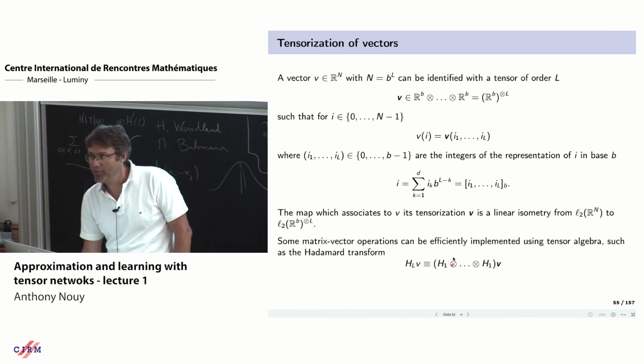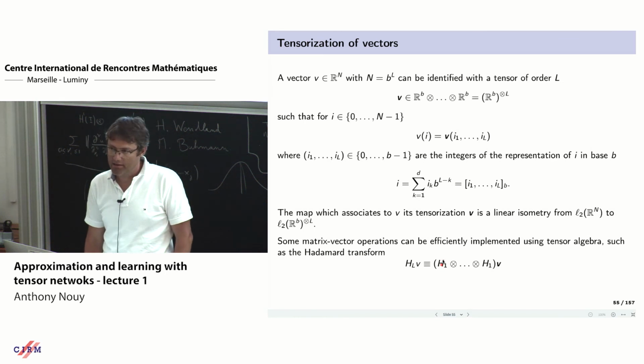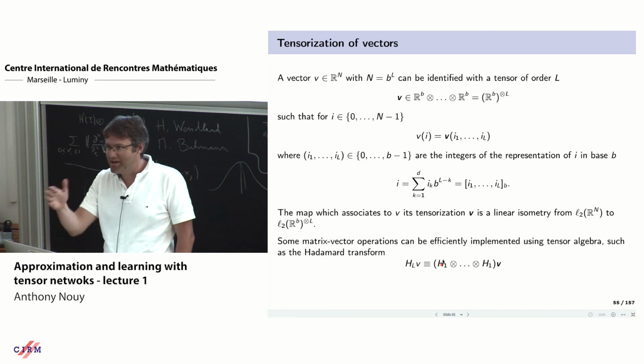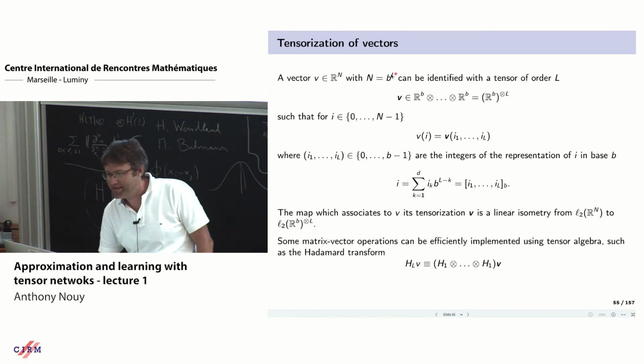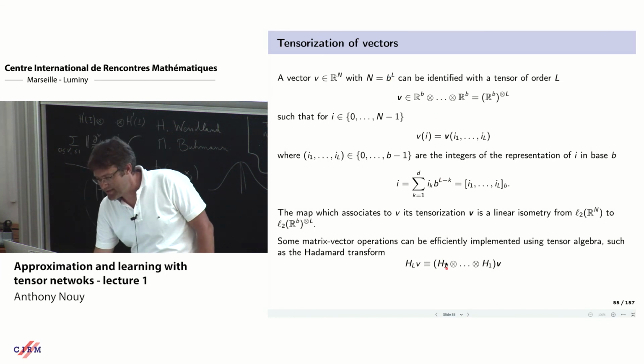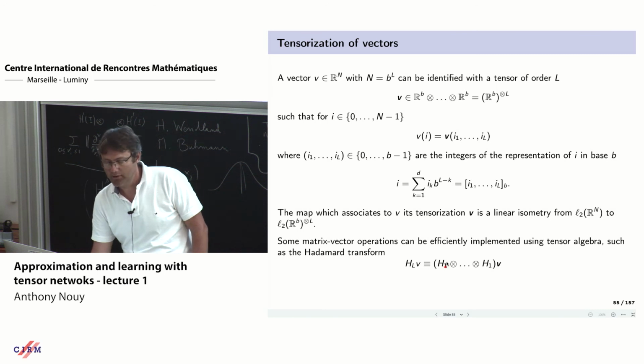a very structured operator, a tensor product of small matrices, small Hadamard matrices of size 2 in general. The Hadamard transform is associated with the base b equal to 2, so these matrices are of size 2 by 2.